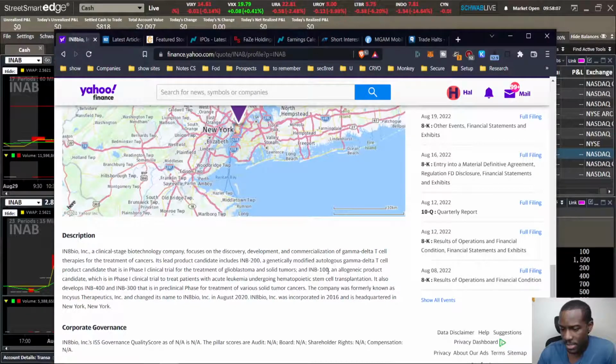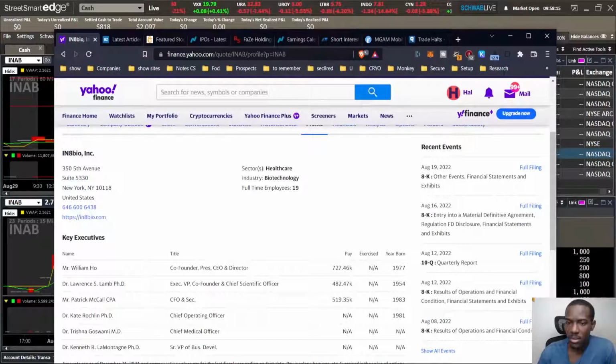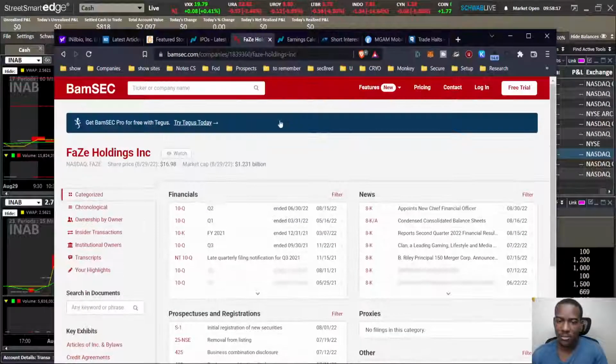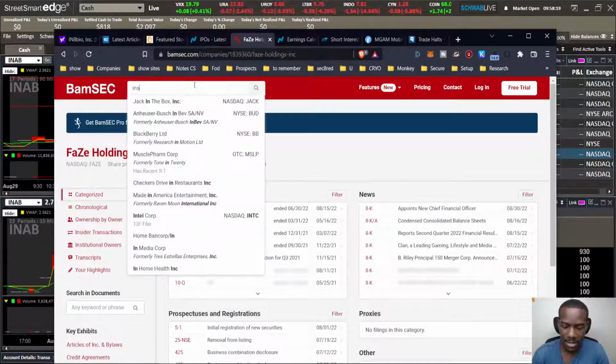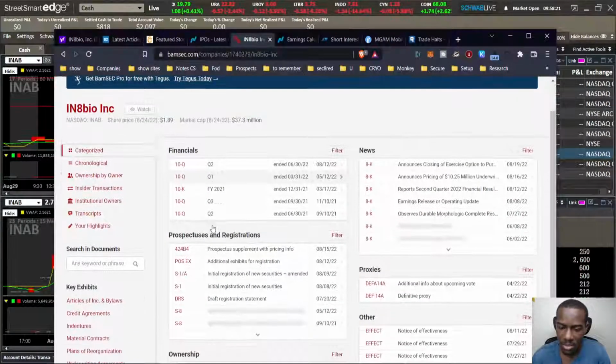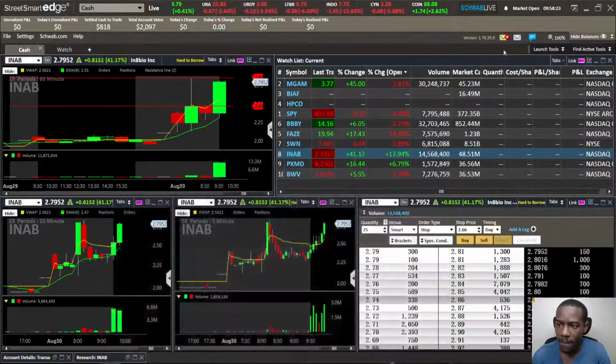And INB-100, an allogeneic product candidate. So it's all phase 1 on this one. Let's look and see if it has any kind of shelf registrations. INAB, it just popped up on my scans as well.